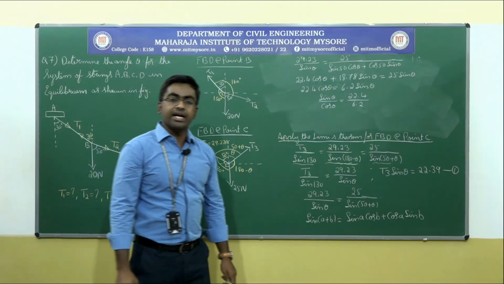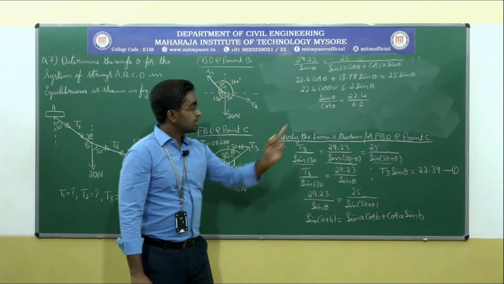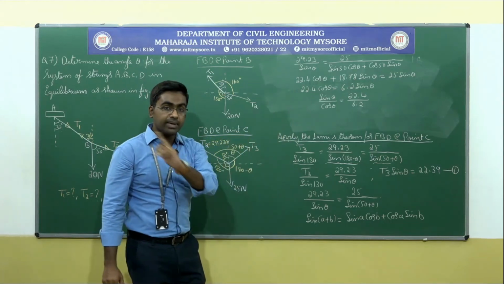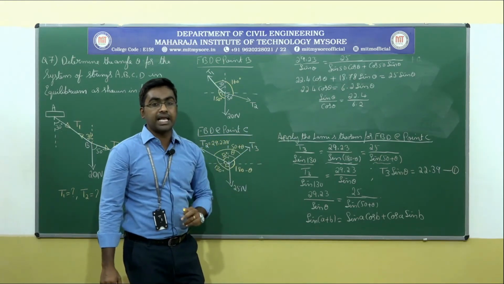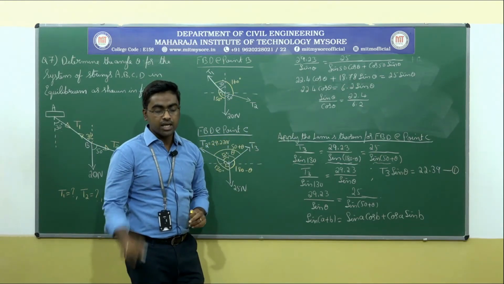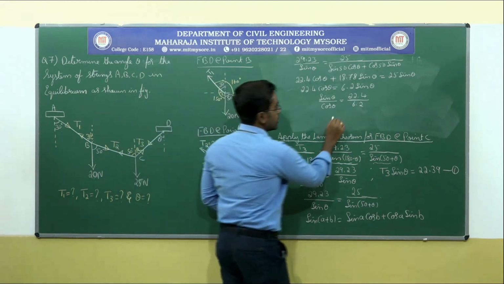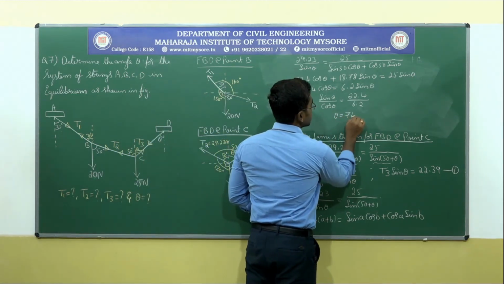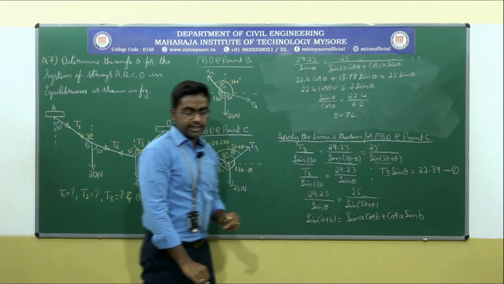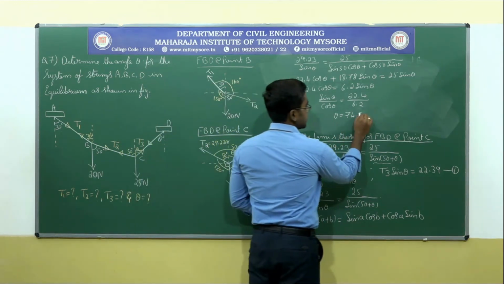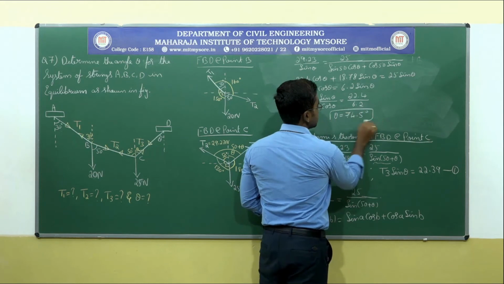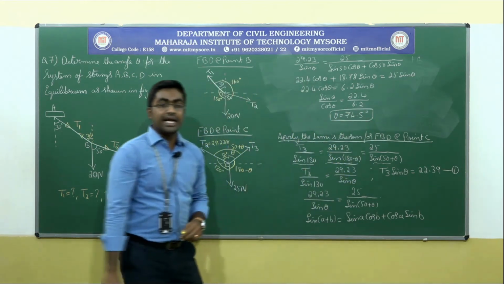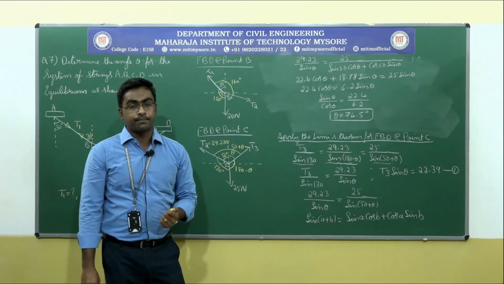So sin theta divided by cos theta will be equal to tan theta, and you can easily calculate the value of theta, right? So the theta value will be equal to 74.5 degrees. So this is how you need to calculate the value of theta.